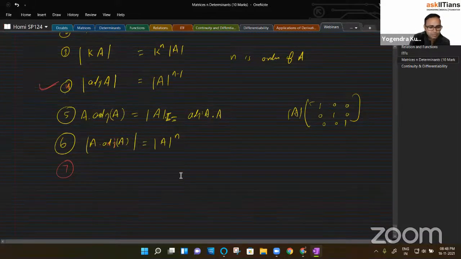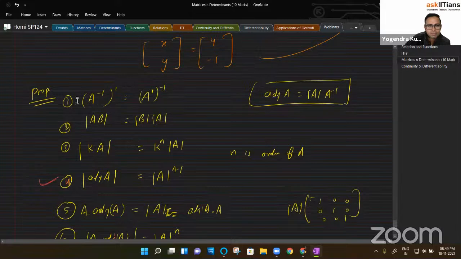Okay, next. Determinant of inverse will be what, guys? We just now saw the above property; using this we can do it or not?